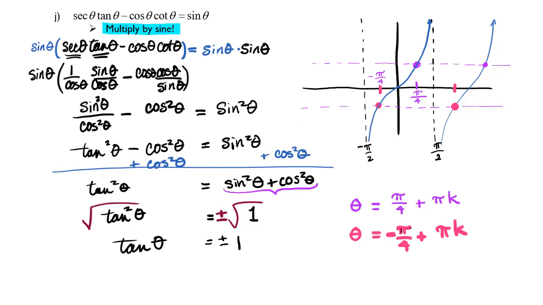If for any reason your homework or your textbook says do not give a negative angle, then go ahead and add pi to this. That would give you an equivalent solution where you have negative pi over 4 plus pi, where that would be 4 pi over 4, and that would give you 3 pi over 4 plus pi k.